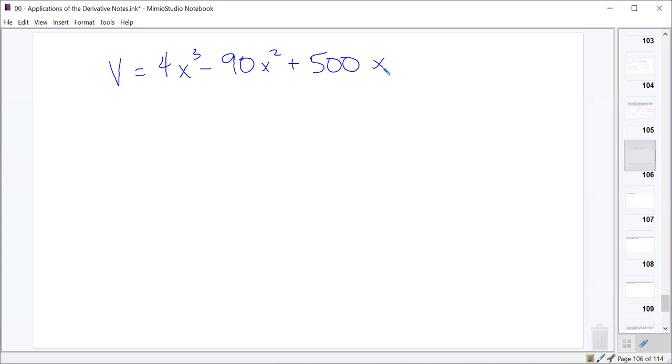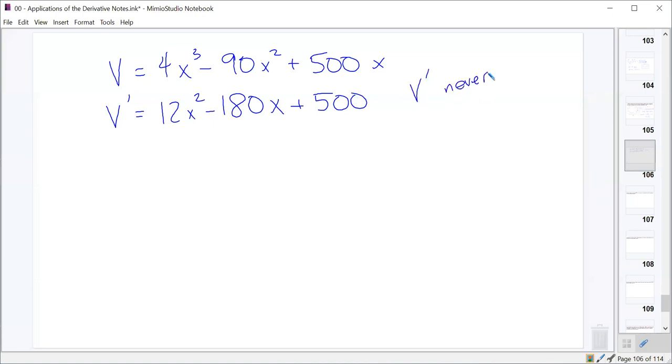And if we take our derivative here, V prime will be 12x squared minus 180x plus 500. And I think it's pretty obvious that that's never going to be undefined. V prime is never undefined. We'll write that anyway.